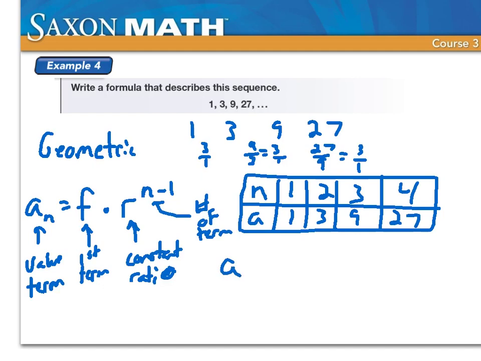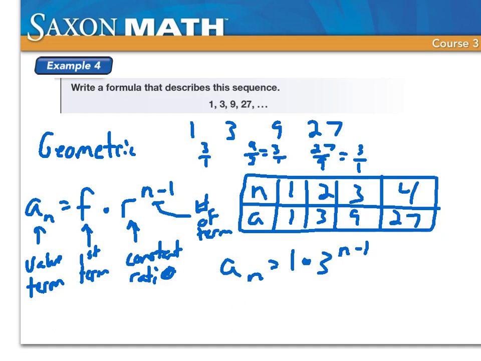So in this case, I'm going to make a formula using that information from this sequence. The value of any term is equal to the first term, which is 1, times the constant ratio. Well, the constant ratio is 3 over 1, or just 3, to the n minus 1 power. I can simplify that because anything times 1 is itself, so I really don't need that 1 here.